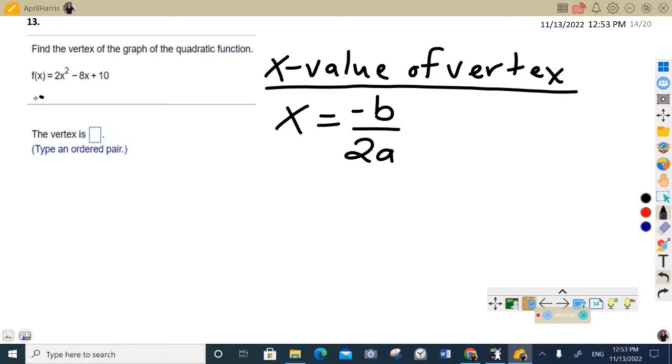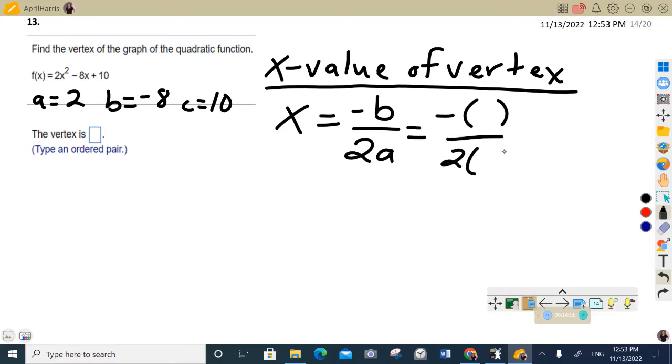So over here in our problem, a is 2, b is negative 8, and c is 10. We don't really need c to find the x value of the vertex. So I want the negative of whatever b is over 2 times a. b is negative 8, and a is 2. So we get positive 8 over 4, and we get x equals 2. So that's the value of x in the vertex.